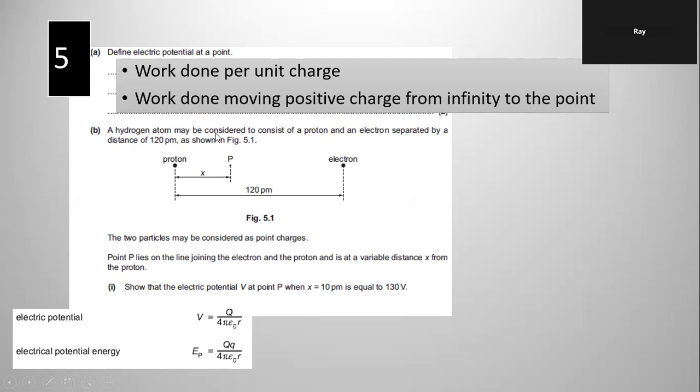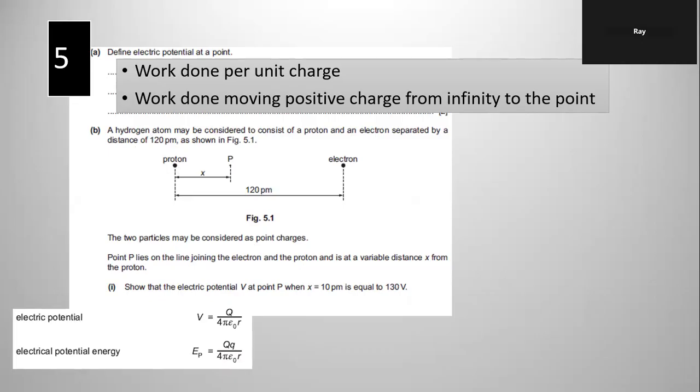A hydrogen atom may be considered to consist of a proton and an electron separated by a distance of 120 picometer, shown in the figure. The two particles may be considered as point charges.